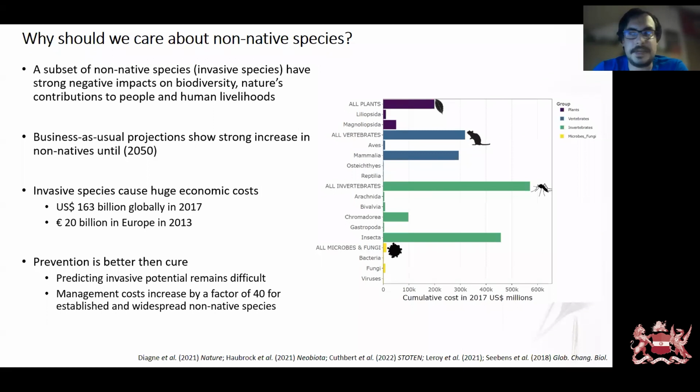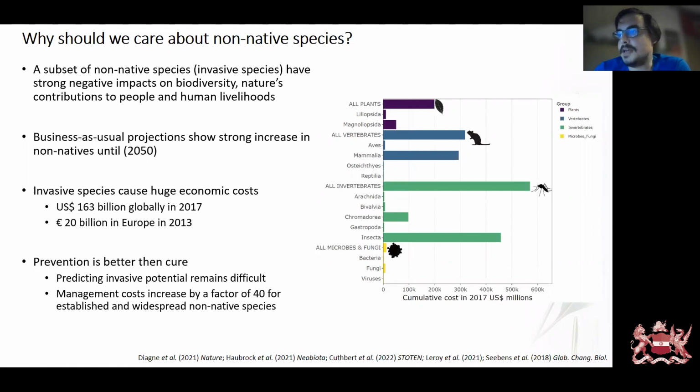Finally, we see in many studies that prevention is better than cure. So it is still difficult to predict the invasion potential of individual species, because this is depending on many different factors. We find certain traits and characteristics which increase the likelihood, but still predicting the invasion potential is difficult.